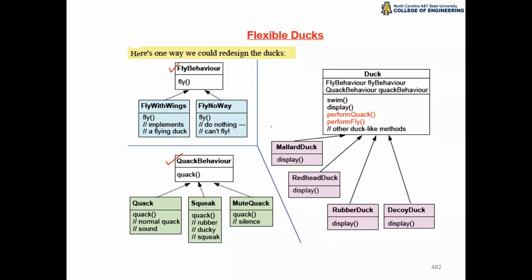So for example, you want to add another class here. So you can easily add it. You have to go through this and implement this, right? And replace one of the fly behavior or quack behavior, or any different kind of fly behavior like fly with wings or fly no way, quack, squeak, mute quack, what different kind of quack behavior.